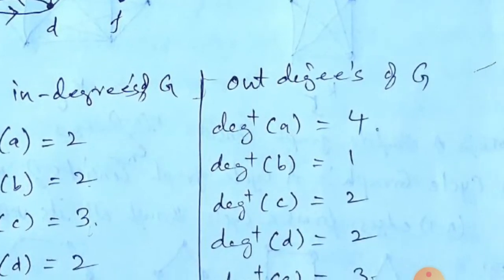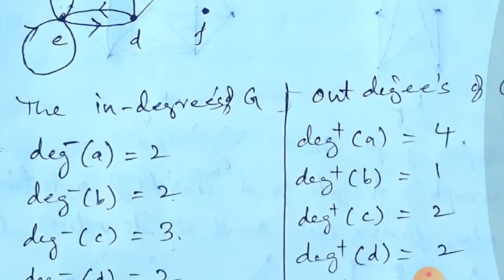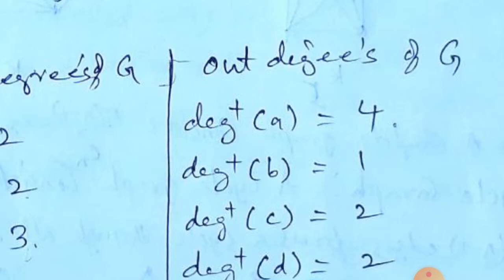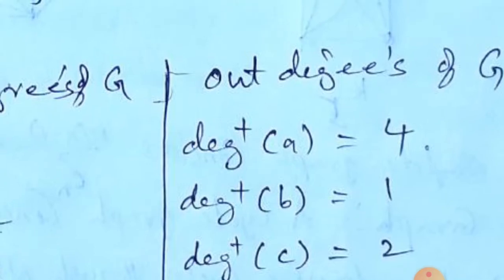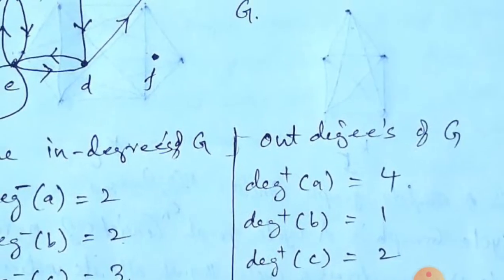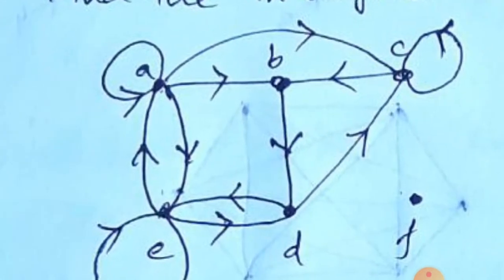Similarly we will calculate the out degree of G. Out degree is denoted by degree plus of A. The vertex A has out degree 4. Out degree means how many edges are incident from that vertex.